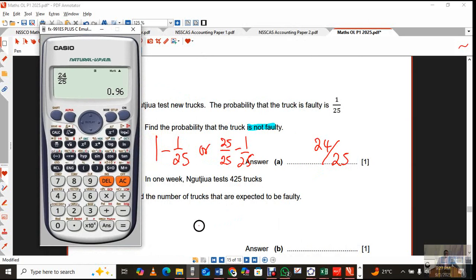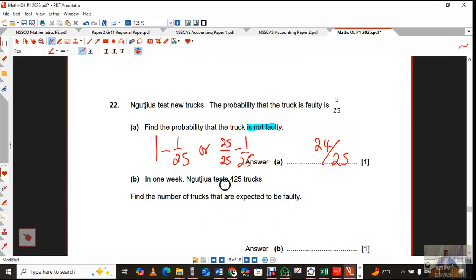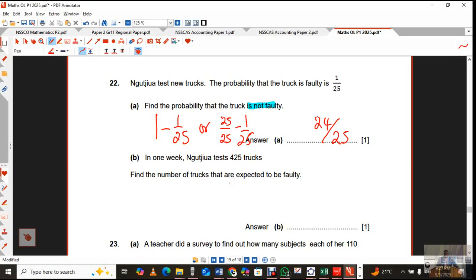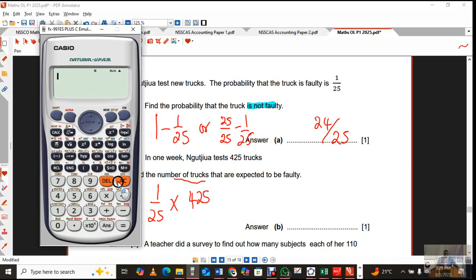Don't write percentages, okay? In 1 week, Gu Shua tests 425 trucks. Find the number of trucks that are expected to be faulty. So the faulty ones is 1/25, so multiply by 425. We are looking for the number of trucks, so your answer must be greater than 1, because the probability at the beginning must be between 0 and 1.